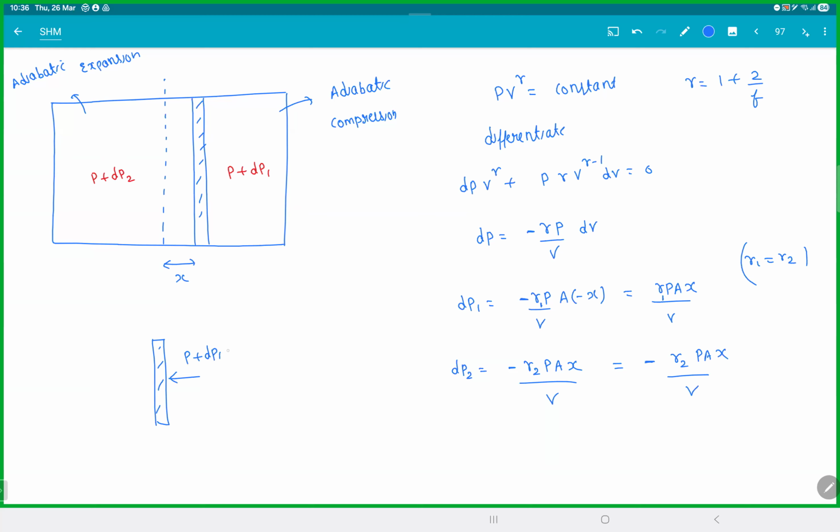P plus dP1 into area. They can give you one side oxygen and one side helium, into area, and this is the acceleration. P and P will cancel. You'll end up with dP2 minus dP1 into area is equal to mass into acceleration. Maybe I'll show this on the next page.